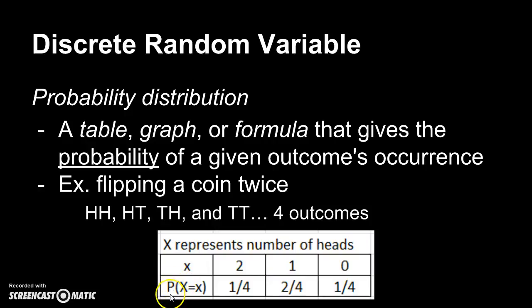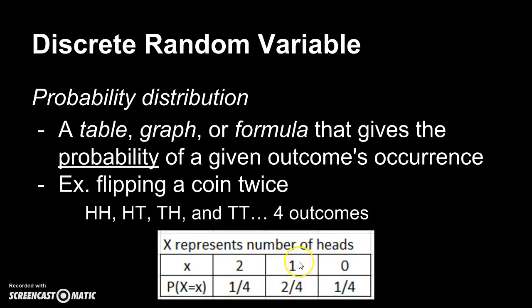This is the probability when my random variable is equal to these values on the top, the 2, the 1, and the 0. The first one asks: what is the probability when you have 2 heads, when your number of heads is equal to 2? That's this one. How many outcomes do we have? 4. So 1 out of the 4. That's how we got this probability.